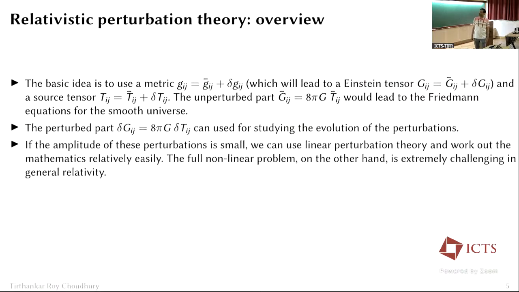What we do is, when the amplitude of the perturbations is small, we can use linear perturbation theory. So you ignore all the higher order terms, then the equations become linear and tractable, and you can track the mathematics. Of course, even with that, there are a lot of subtleties in trying to solve these equations. There are different kinds of perturbations which you have to worry about.